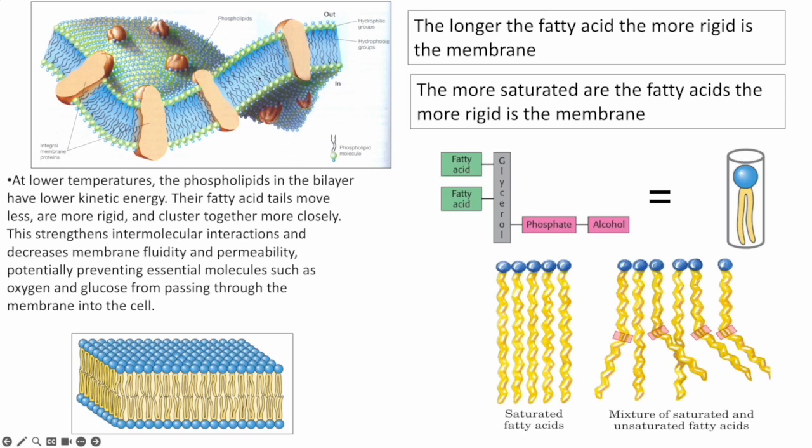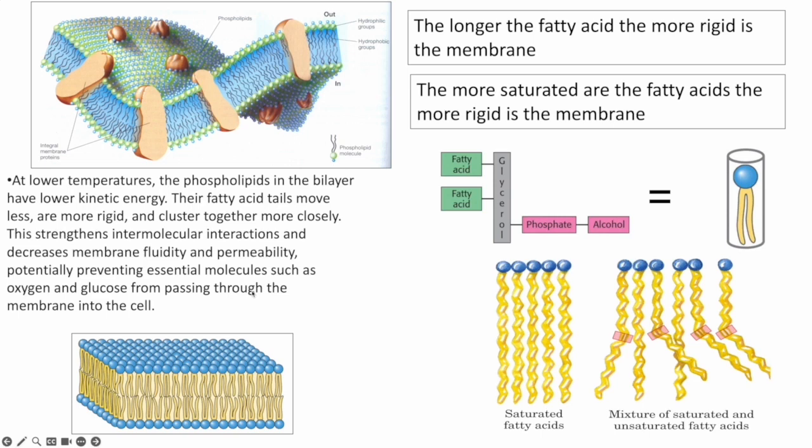A bilayer of lipids with proteins embedded in the cell membrane. So these lipids, what's happening to them when you reduce the temperature? These lipids affect the mass transfer between the interior and the exterior of the cell. As you reduce the temperature, these lipids become stiffer.